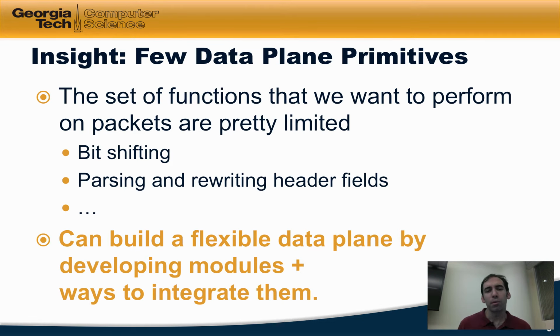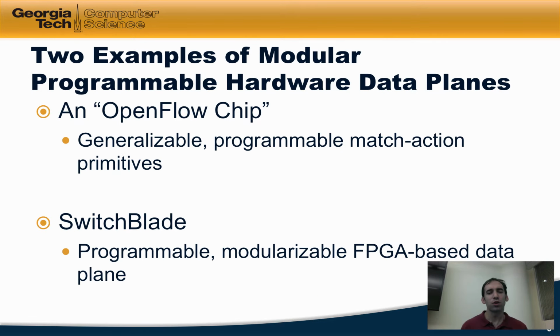We will look at that approach in the context of two different architectures. One is an OpenFlow chip that provides generalizable, programmable match action primitives. The other is a programmable, modularizable, FPGA-based data plane called Switchblade. Let's first take a look at the OpenFlow chip.